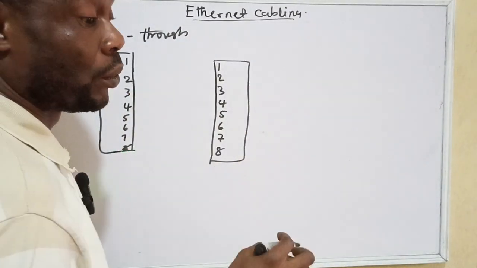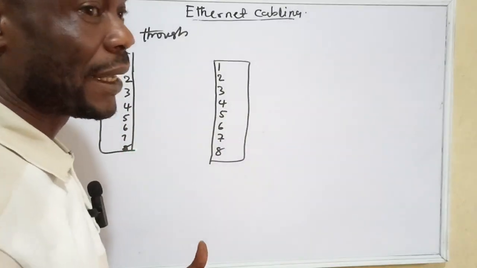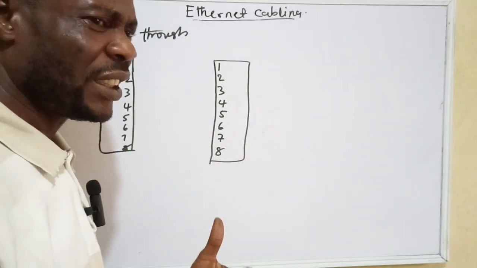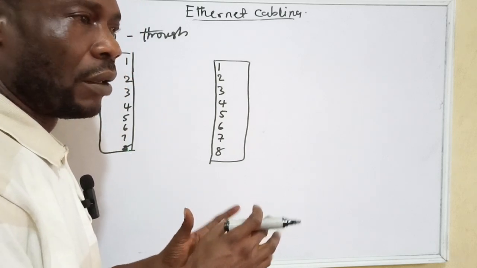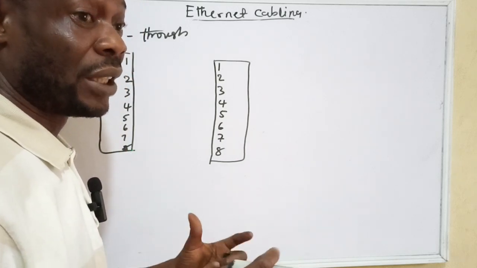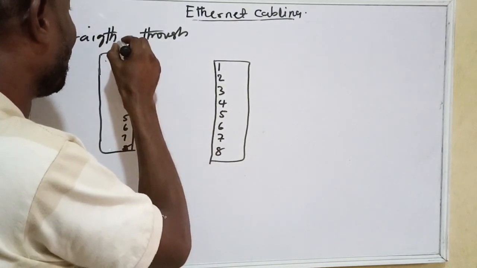In a straight through cable, each copper wire runs from one end to the other end, because at both ends RJ45 connectors are terminated.